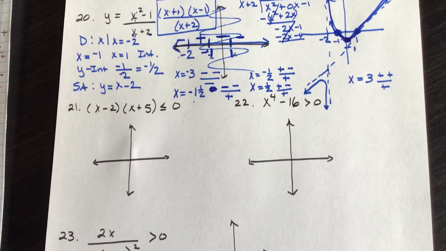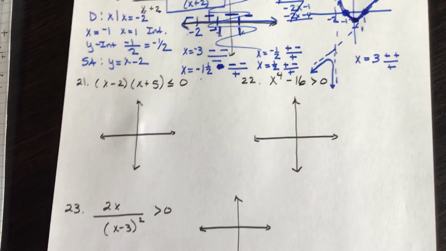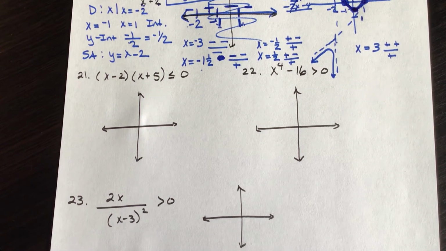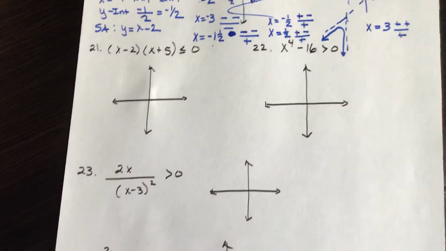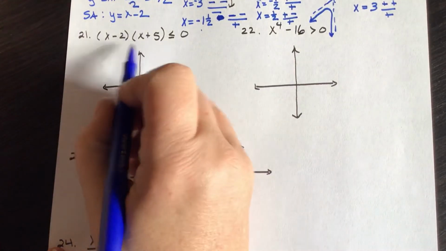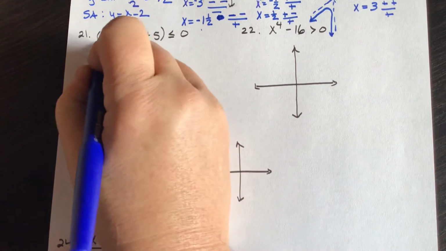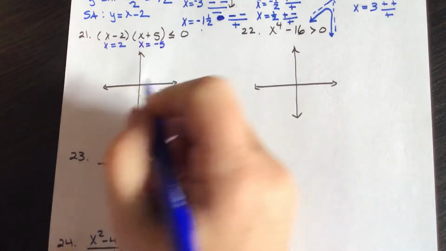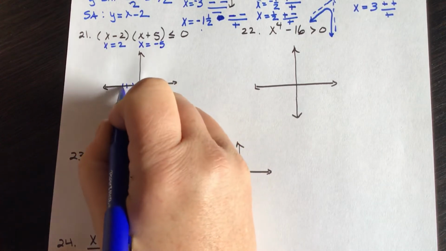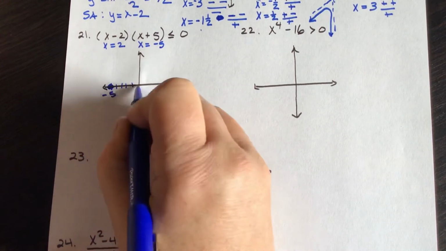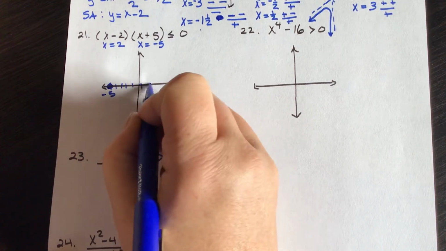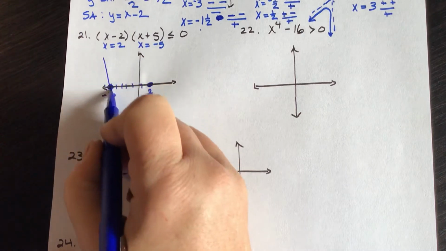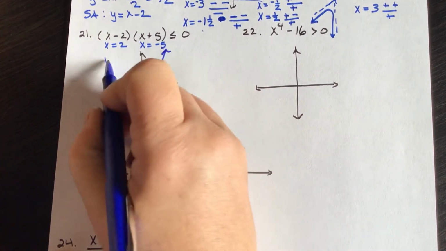Now for 21 through 25, I just realized that these are inequalities, so I don't actually have to draw the graph. On some of them I think though I will. Here I'm looking for the x-intercepts, so I know x is 2 and x is -5. So here's -5, here's 2, and it's a parabola because this is quadratic, so it's going to come down here and that's going to go up.